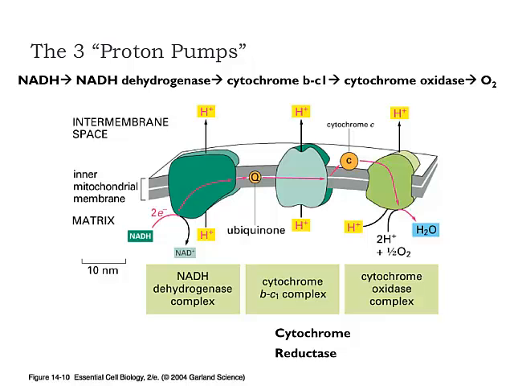Then ubiquinone passes the electrons to another complex, which in your book they call the cytochrome reductase complex, and then more protons are moved as a result of those 2 electrons being transported. And remember, these are kind of high energy electrons that are being transported.